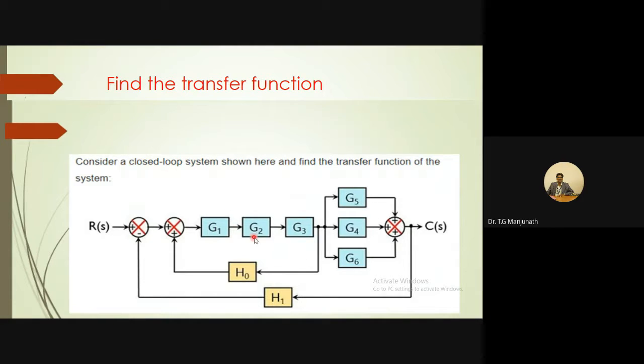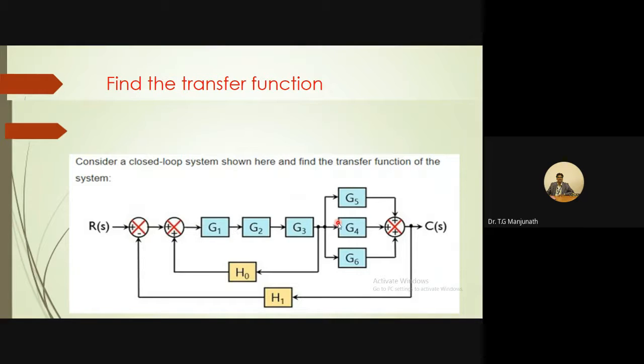In this case, between G1 and G2 or G2 and G3, we don't have any takeoff point or summing point. Hence, I can take G1, G2, G3 as series. Then we can simplify this into a single block of value G1 into G2 into G3, so you multiply to make it a single block.